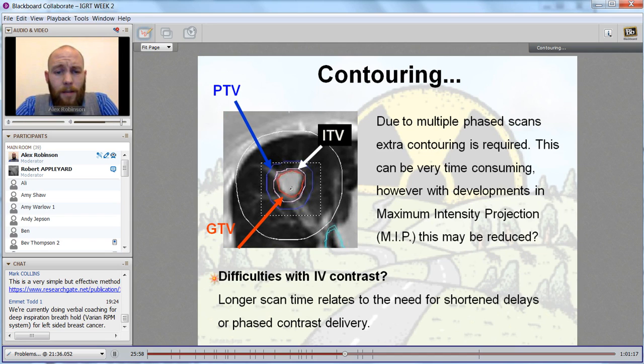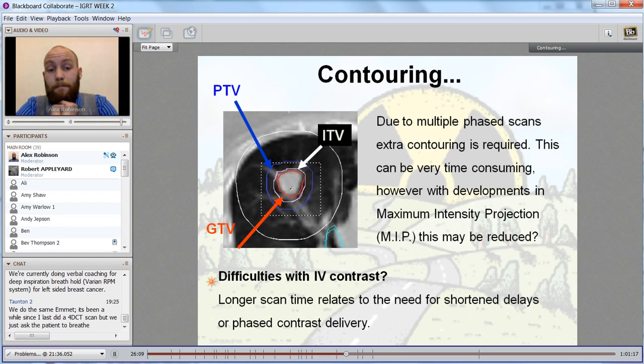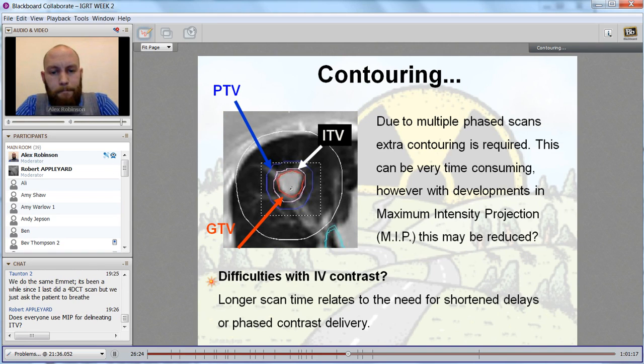Another one of our issues that comes across with 4D is IV contrast. Generally in all the radiotherapy departments, our timings have been taken from diagnostics. Now, when you speak to the diagnostic radiographers and say, what I'd like to do is a scan which is going to take longer and expose the patient to higher radiation, they look at it as if you've lost the plot slightly.